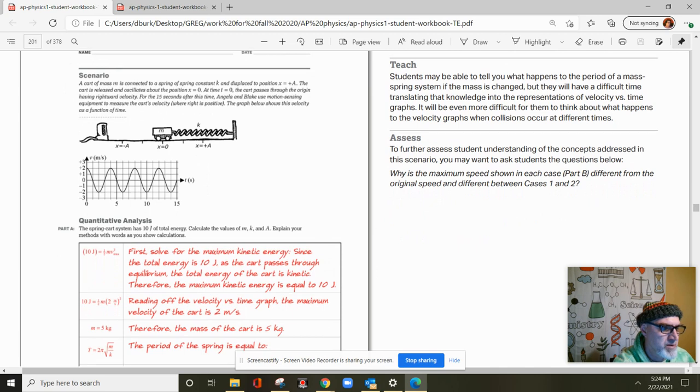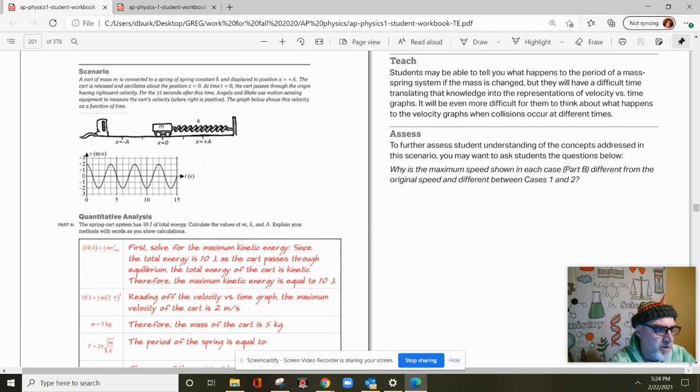So the energy is equal to 10. So 10 is equal to 1/2 mv squared. What they're doing there is showing the work. They're going to use this to solve for M. So 10 equals 1/2 m times 2. Where did the 2 come from?